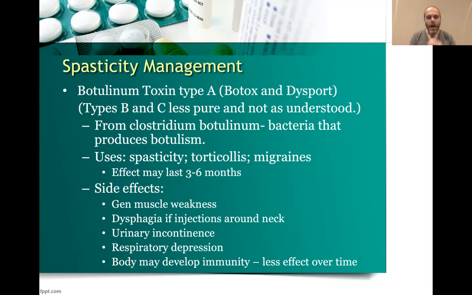Side effects can be general muscle weakness if too much is given, but that typically will go away. You can have some trouble swallowing if you have the injections around the neck. The only time you would have Botox injections in the neck muscles is if you have cervical dystonia, where you literally develop a problem controlling your neck and head movements, and your head is always rotating or extending or flexing or side bending, and it can be very, very painful.